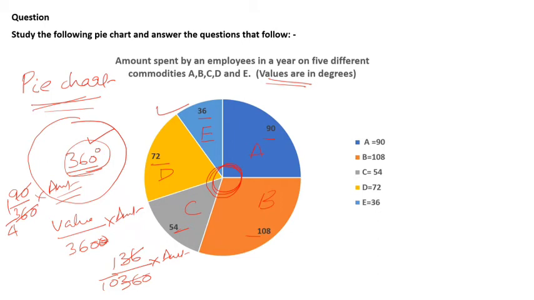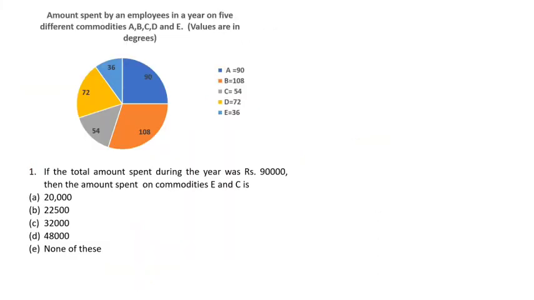So let us go to the questions one by one. Here is your first question. If the total amount spent during the year was 90,000, then the amount spent on commodities E and C is what? Here E is 36 and C is 54, so in total we got 90.